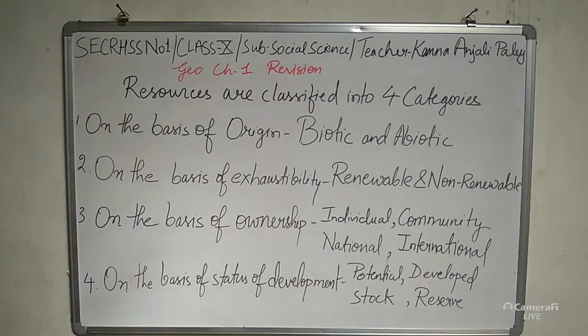And beyond the 200 nautical miles, it is termed as international resources. International resources means the resources which are owned by an international organization like the United Nations. The resources which are beyond the 200 nautical miles from the coast of a country are termed as international resources.